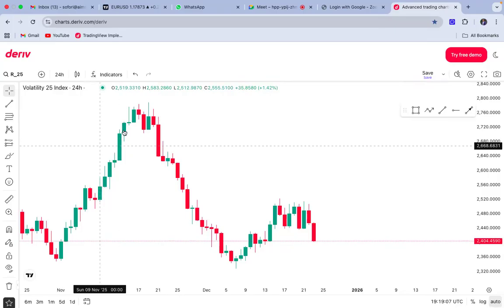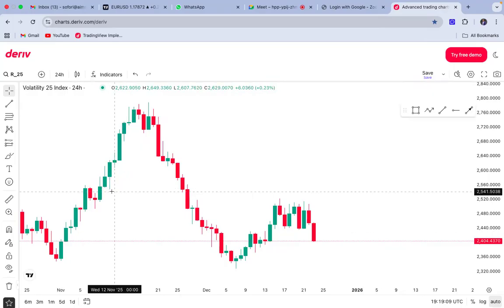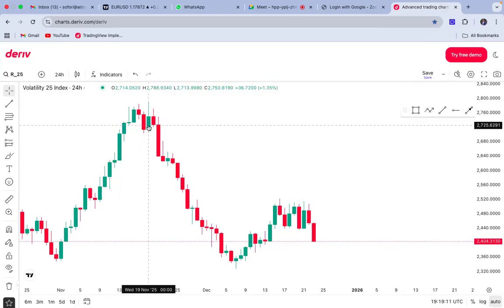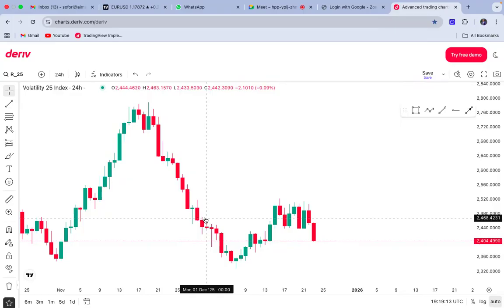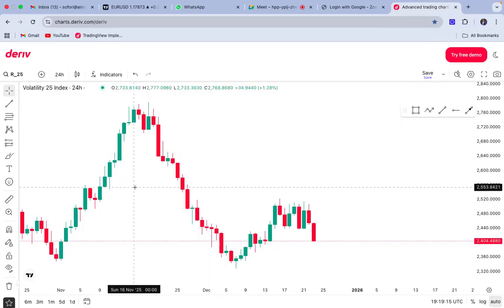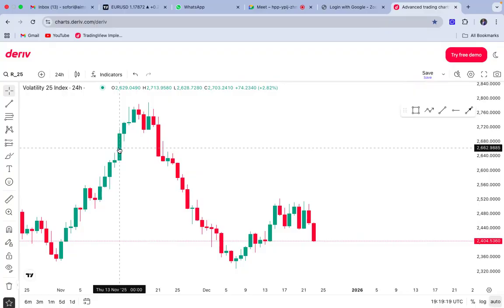So all the green candles that we see here are bullish candles. All the red candles that we see here are bearish candles. But now you can see that some of them differ in size. They are not of the same size. The size also tells you a bit about what happened within the session. When you have a big bullish candle like this, it means the bulls were dominant in that market, or the buyers were dominant.